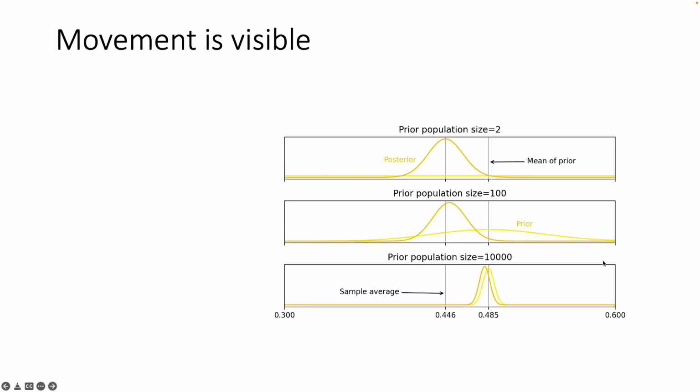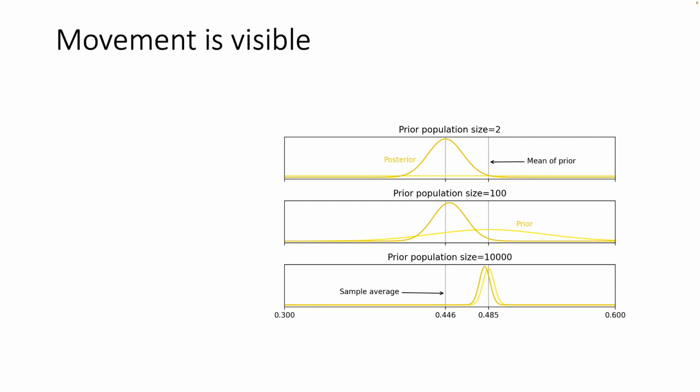We can see it more graphically here, when we change the prior population. On those vertical lines, you have the sample average and the mean of the prior, right? If we had a uniform prior, then of course the sample average is here, with the plus 1 in the numerator and plus 2 in the denominator.